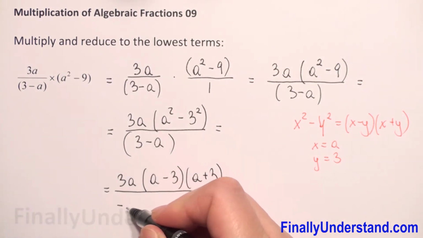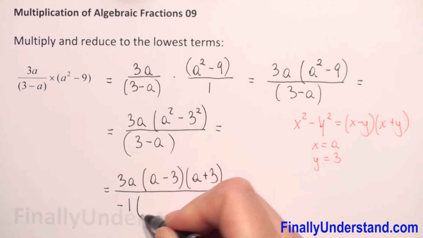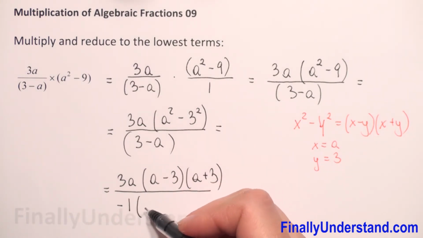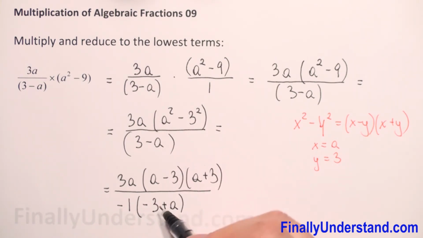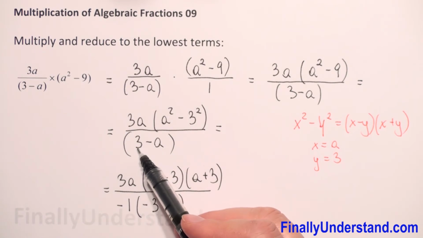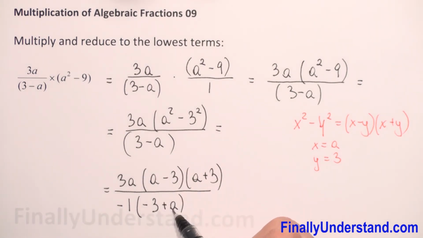So we will have negative 1 before parentheses, and we will have in the parentheses now negative 3 plus a. When we multiply by negative 1, we will have negative times negative, so we will be 3, the same like we have at the beginning. And negative 1 times a is negative a. So we have the same expression in the denominator.